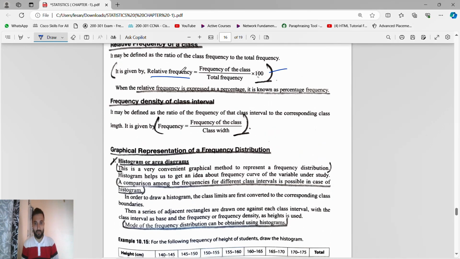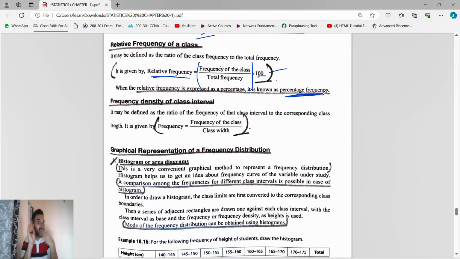If you multiply with 100, it becomes percentage frequency, because multiplying with 100 means percentage.